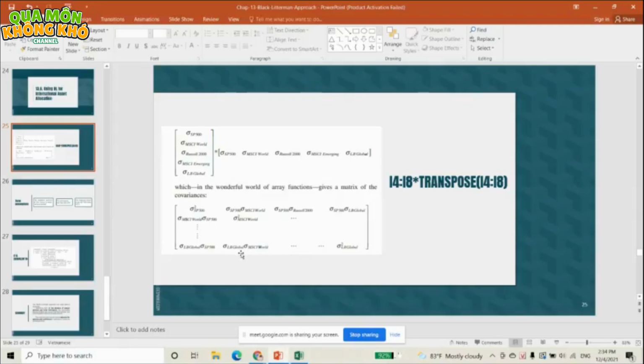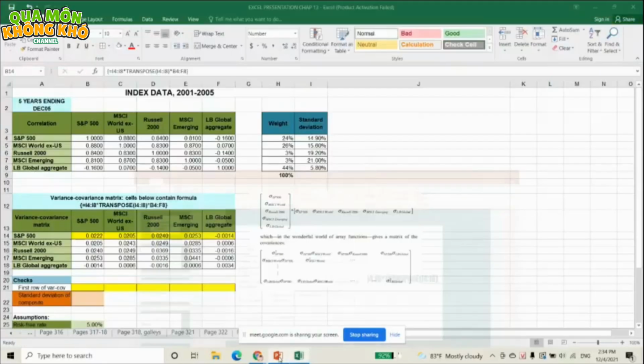We just do the same as the first row. So we have the complete matrix of the covariance here.